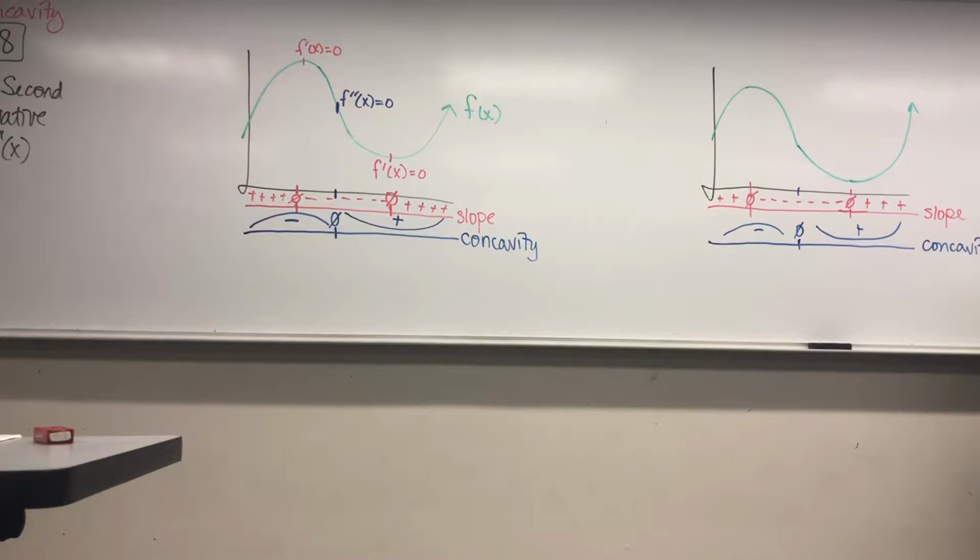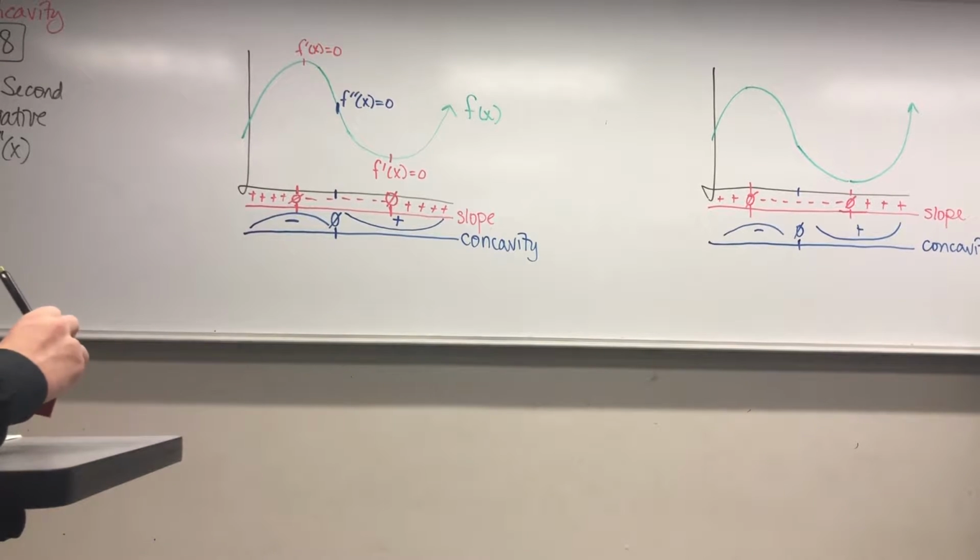The one major application we use the second derivative for is something called the point of diminishing returns. So this second derivative equaling 0 is the point of diminishing returns.